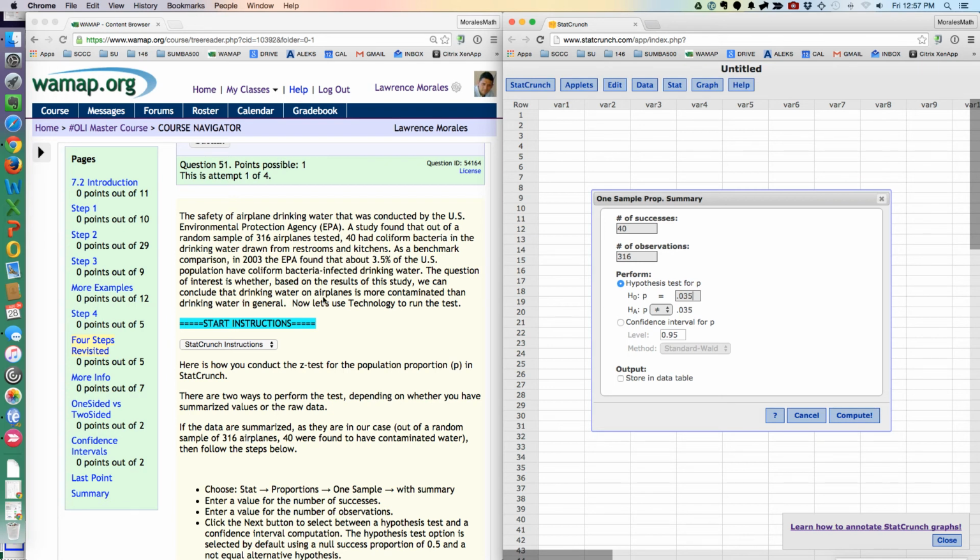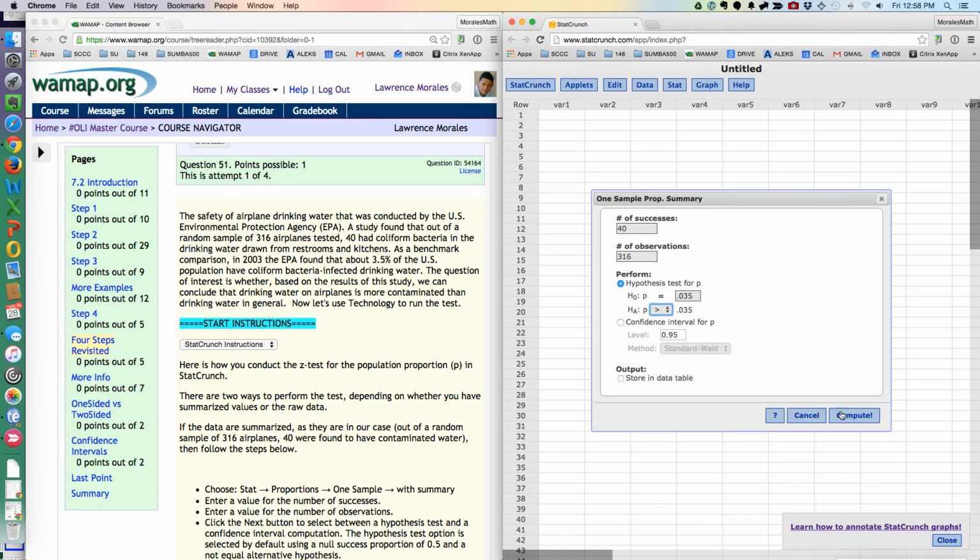Because we're trying to test the claim of whether or not the drinking water on airplanes is more contaminated, the alternative hypothesis is going to include a greater than symbol. So if we reject the null hypothesis, then we'll have enough statistical data to conclude and to accept the alternative hypothesis, which says that yes, airplanes do have a higher proportion of contamination than the general population.